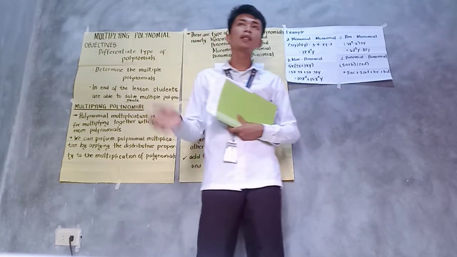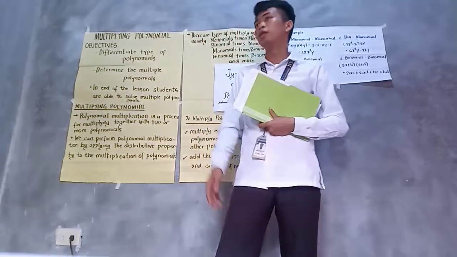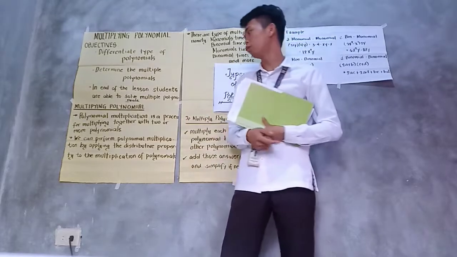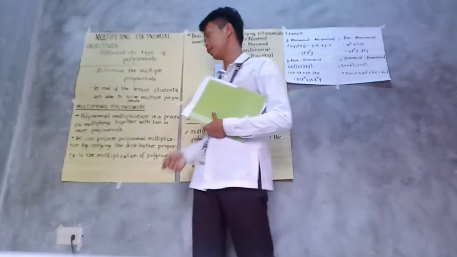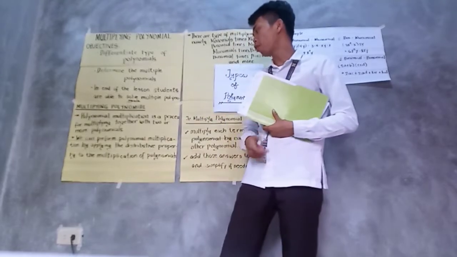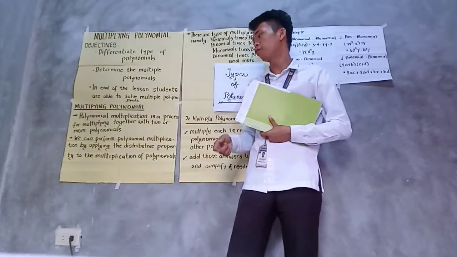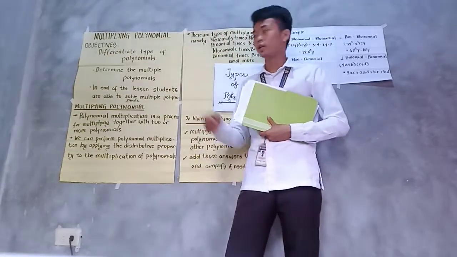Now, what does multiplying polynomials mean? Polynomial multiplication is a process for multiplying together two or more polynomials. We can perform polynomial multiplication by applying the distributive property to the multiplication of polynomials.